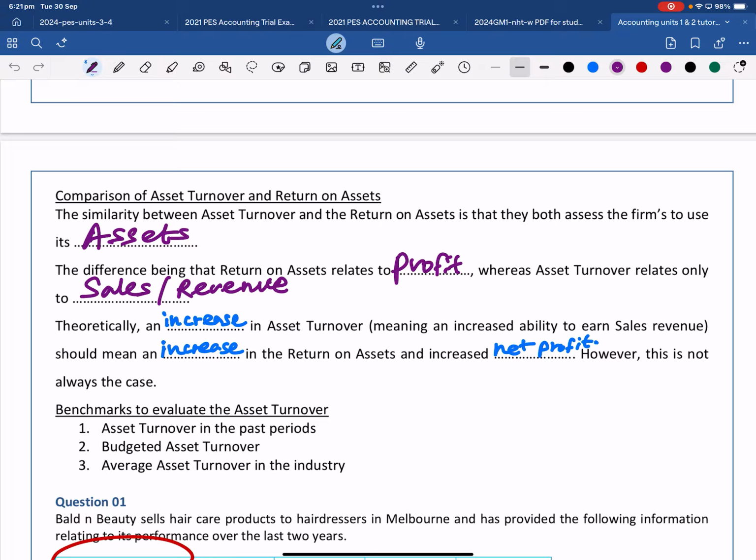Okay, guys. Right now, the similarity between these two. Asset turnover, ATO. What is our acronym here? ATO, not the tax office, okay? Usually we know ATO is the tax office, but this one, don't confuse it with the tax office. Are we not allowed to shorten it to ATO in the response?